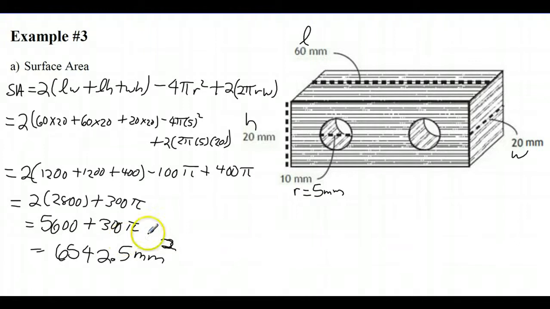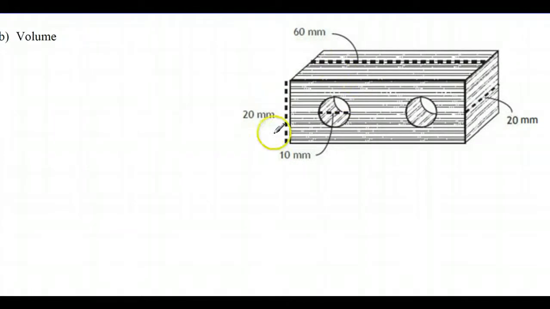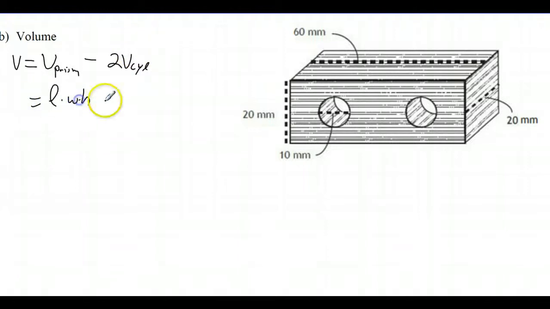When we go to the volume of this, we take the volume of the prism and we will subtract off the volume of those two cylinders. So V is equal to volume prism minus 2V cyl, right, because there's two cylinders there. The volume of a prism is length times width times height.